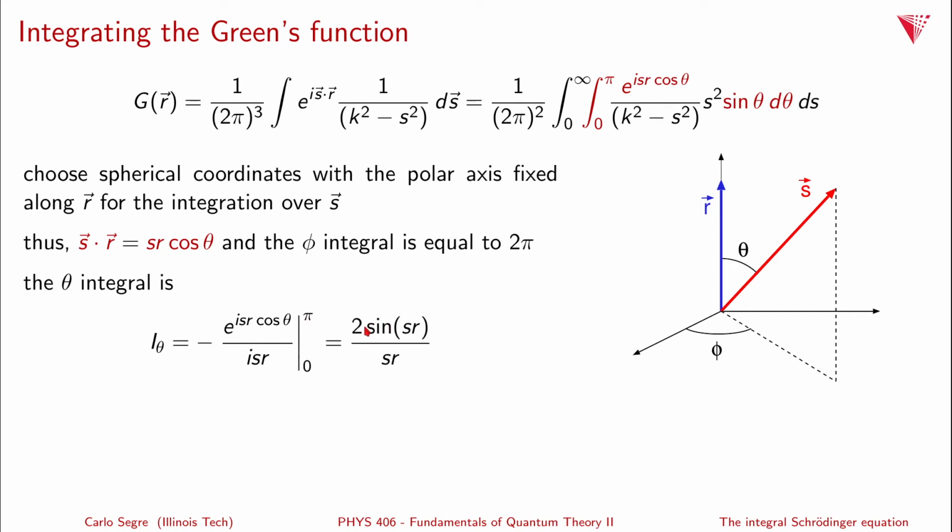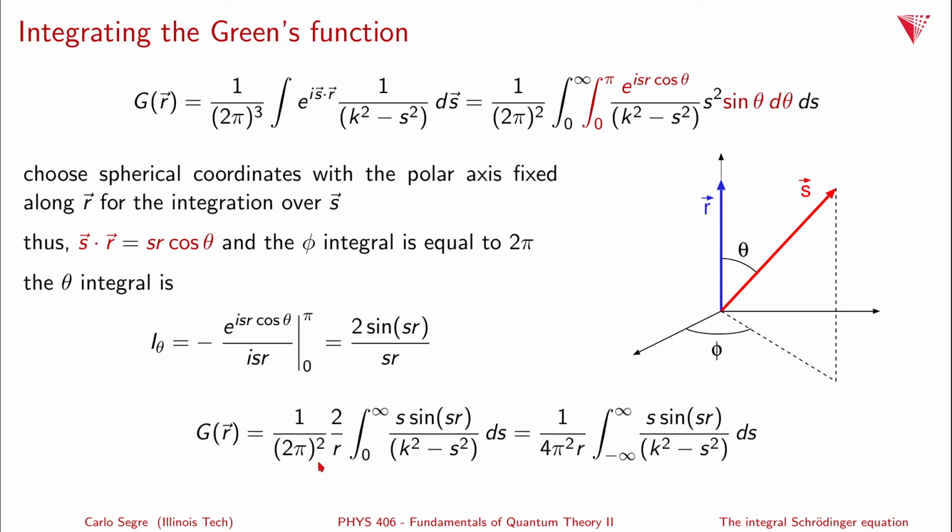And this just gives you 2 sine of s r over s r. So that integral is very straightforward to do. Then g of r is equal to 1 over 2 pi squared times 2 over r. The r is not part of the integral, can be pulled out. Times the integral from 0 to infinity of s sine of s r over k squared minus s squared ds.